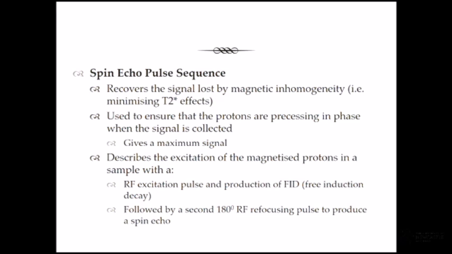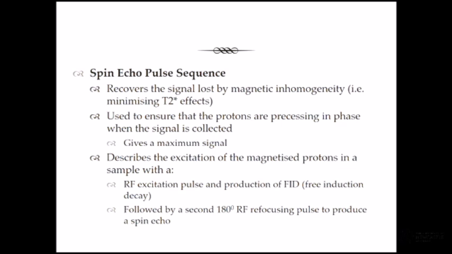If we try and do gradient echo imaging there, we're probably not going to see much detail of the shoulder. But if we do spin echo imaging, we're more likely to see a whole lot more of that information. Okay? Apart from the fact that it gives a maximum of signal, sometimes it's just plainly more appropriate than gradient echo imaging because we're just going to lose the area of interest. So as I said, it minimises those T2 star effects.